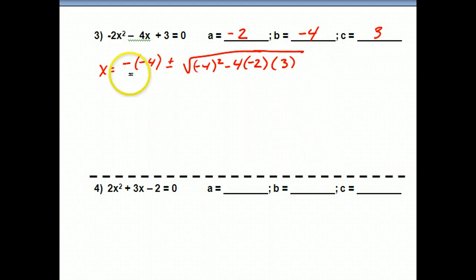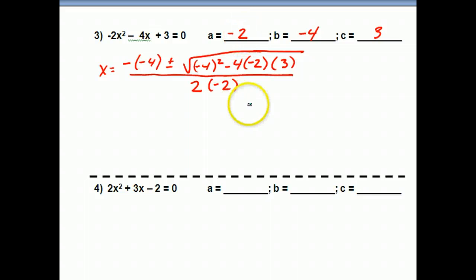And that is all over 2 times a, 2 times negative 2. Again, it looks like a bit of a mess, but let's start simplifying here and we'll find our answer. So negative times negative 4 just gives me plus 4, plus or minus. And now what's under the root sign, looks like I'm going to get 16 here.